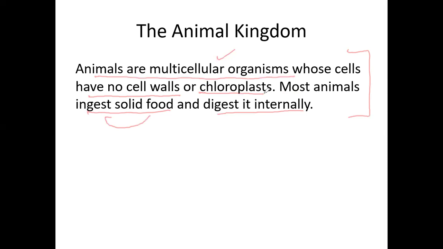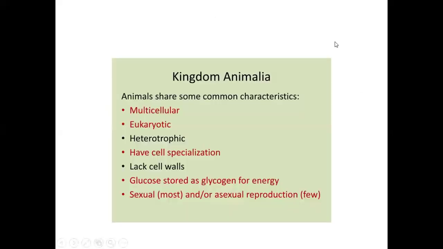Now we will discuss the different members, or different classes, of this animal kingdom. There are some other common characteristics of the kingdom Animalia. They are multicellular and eukaryotic. Eukaryotic means they have a proper nucleus. They are heterotrophic, meaning they cannot manufacture their food, so they depend on ready-made food.